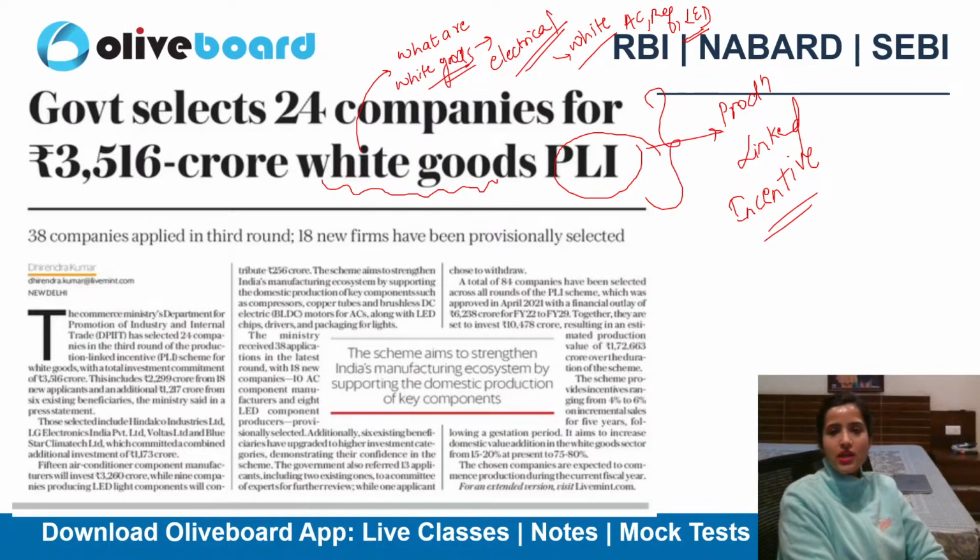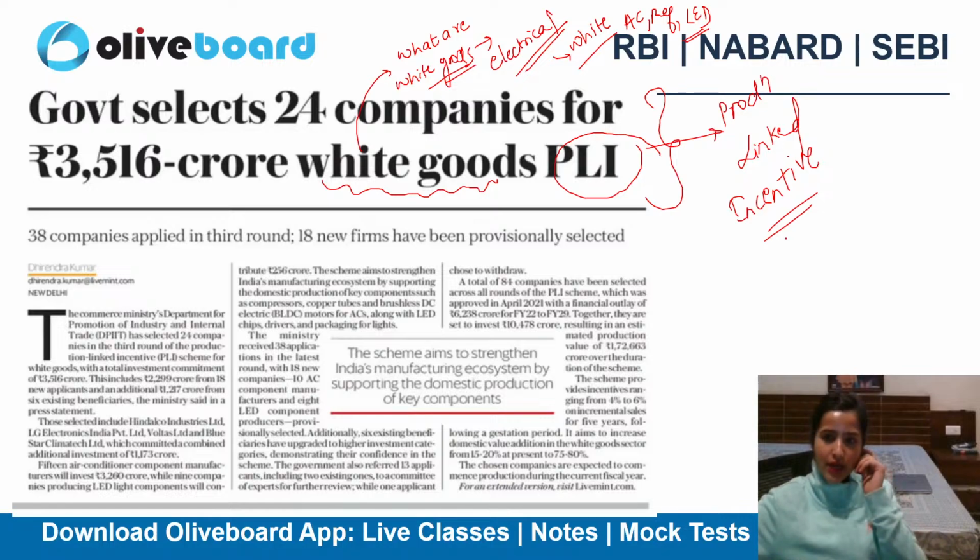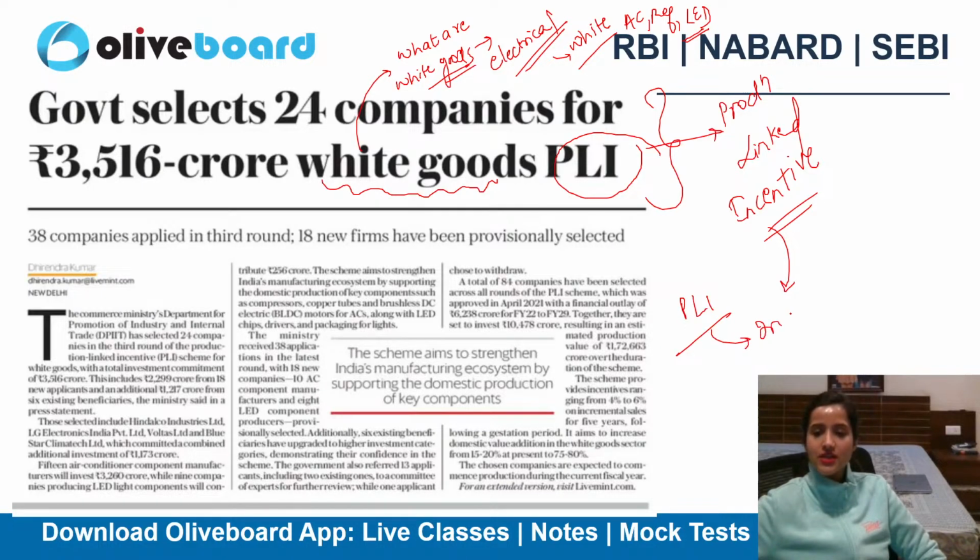PLI is a production linked incentive scheme. So what is the scheme? I'll tell you the crux of this scheme right now to understand the news, and then we'll go further in detail. So the PLI scheme talks about incentivizing the industries once they have reached a sales goal.